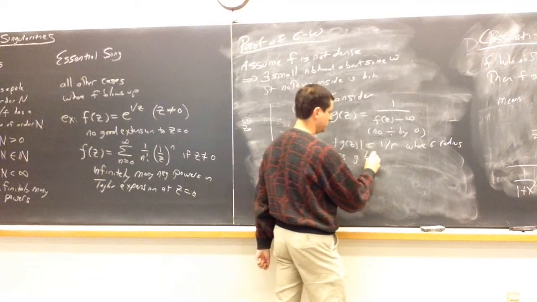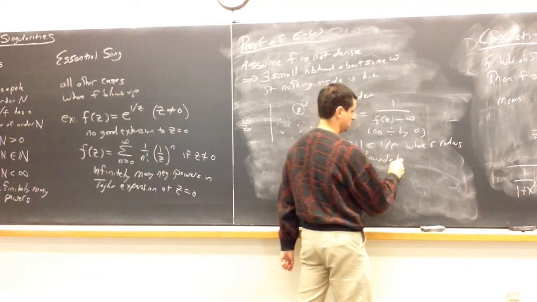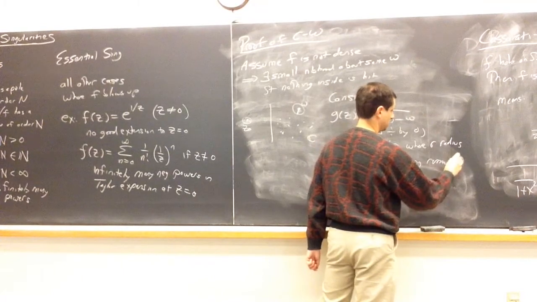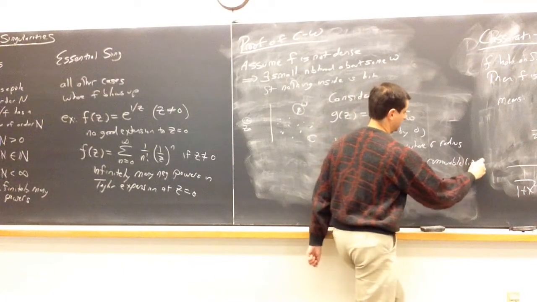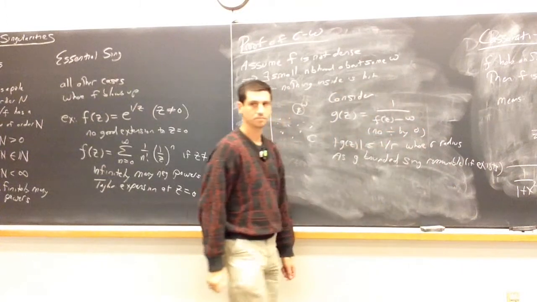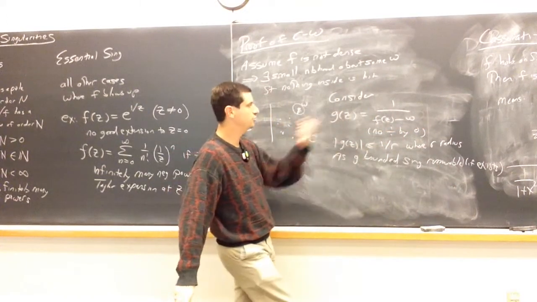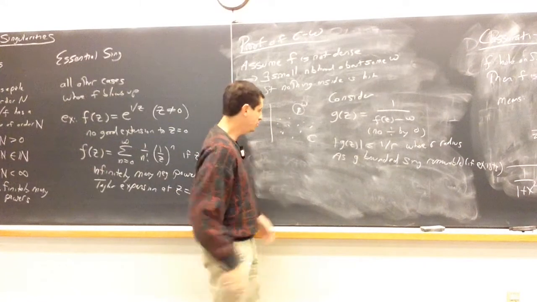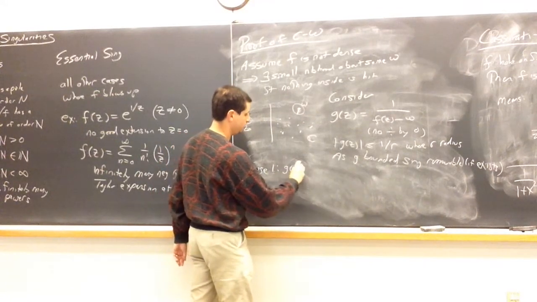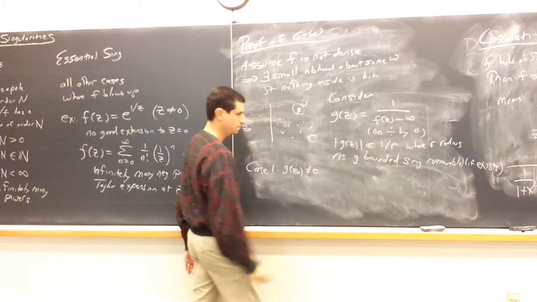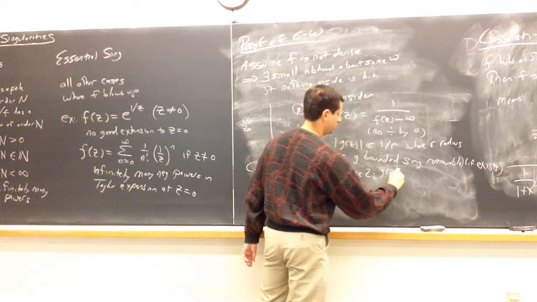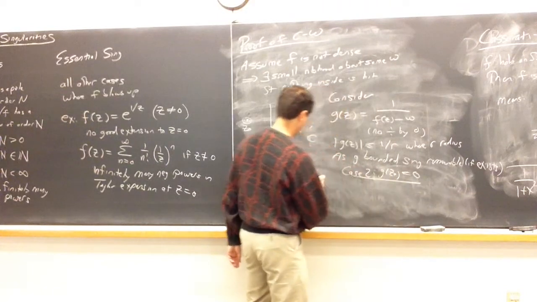As g is bounded, the singularity is removable, if we even have one. Because this function is bounded, g is holomorphic. So there are 2 cases. Case 1, g of z0 does not equal 0. Case 2, g of z0 equals 0.